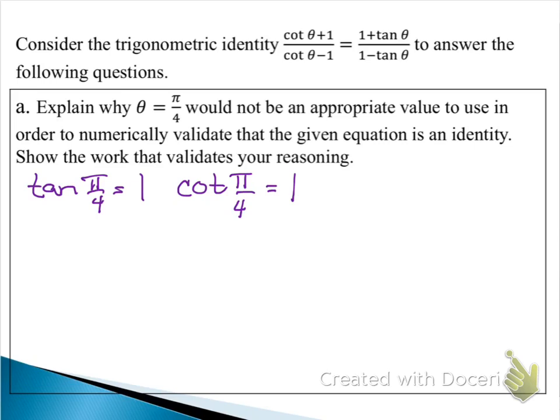All right, so if I go ahead and plug it into the identity, I would have cotangent pi over 4 plus 1 over cotangent pi over 4 minus 1. I think you guys may see where this is heading.